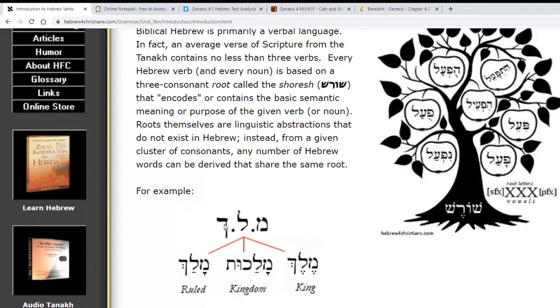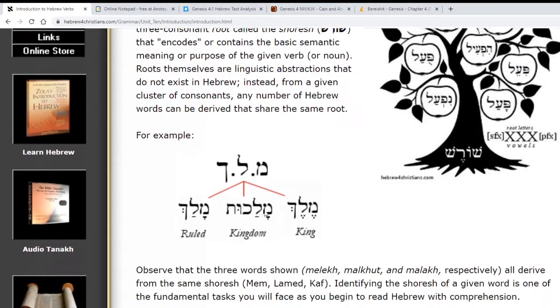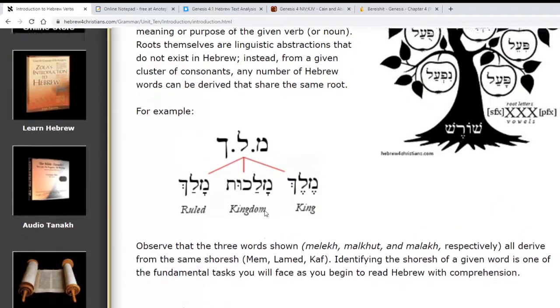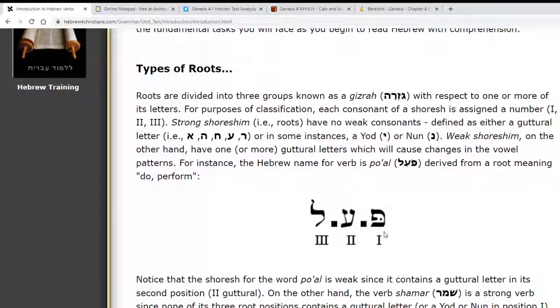Usually when you're talking about the root, we don't use the sofit form, at least that's how I've seen it. There's no really one way of transliterating the letters.